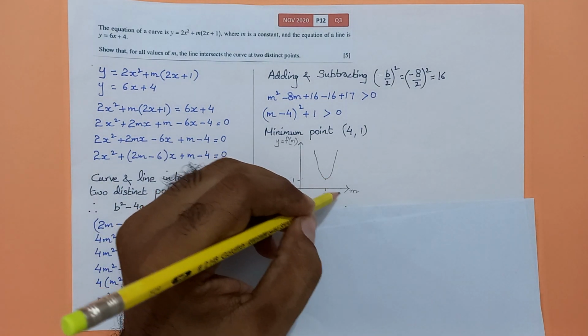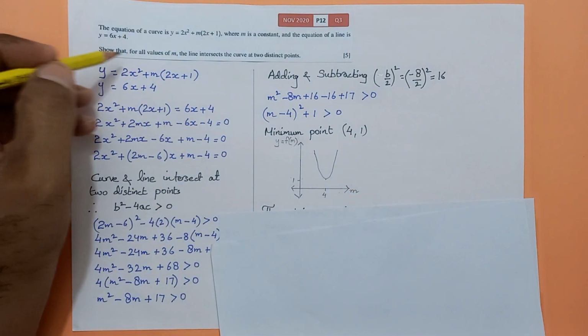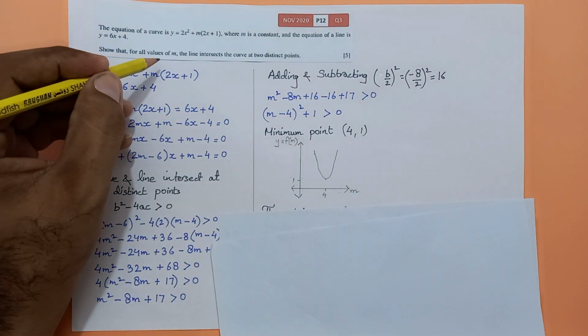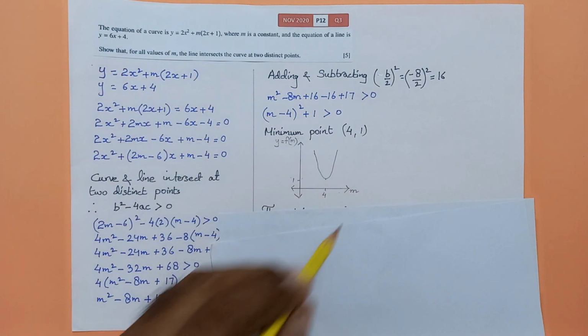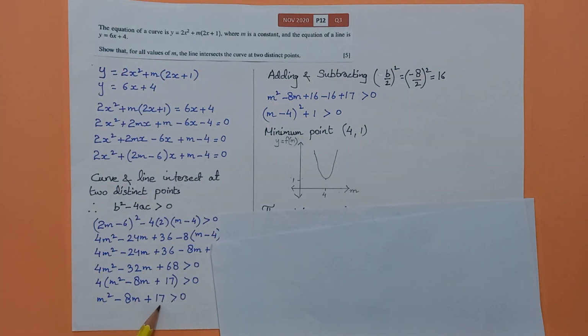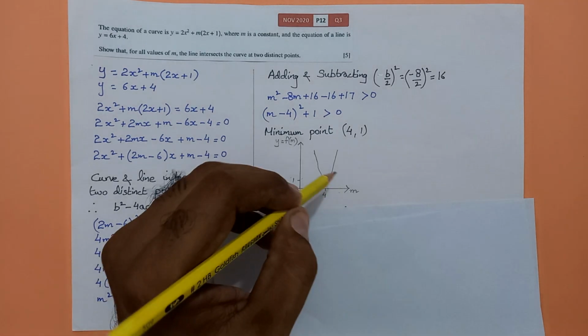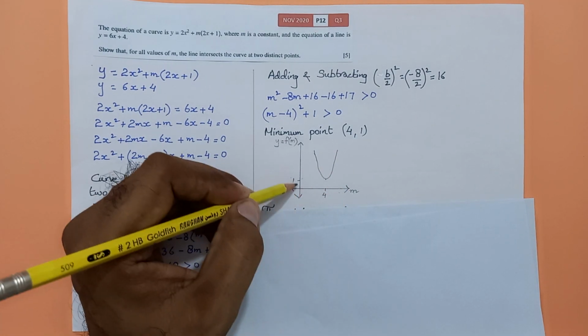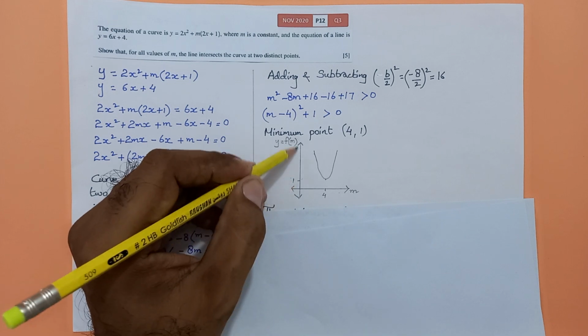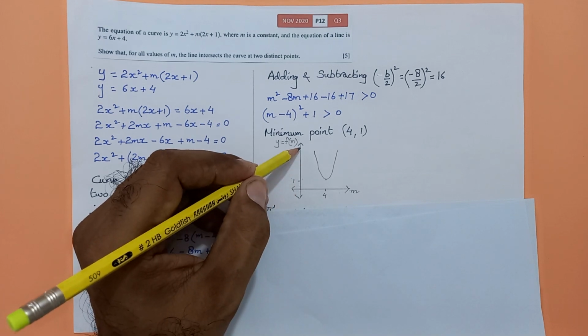That means, as per the statement to show that for all values of m, that means any value of m, according to the condition, this is a condition of two distinct points, and the inequality says that it is greater than 0, and the graph also says that if you take any value of m, the y will always be positive, always greater than 0.